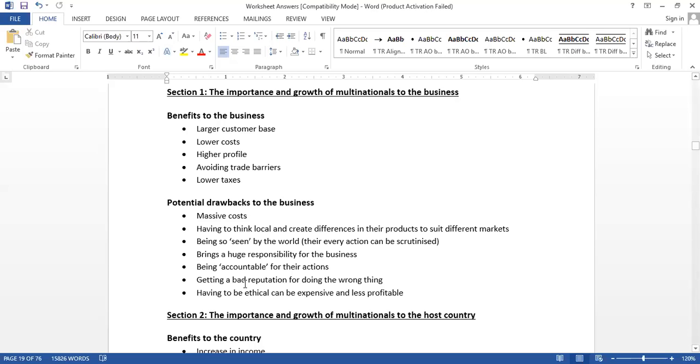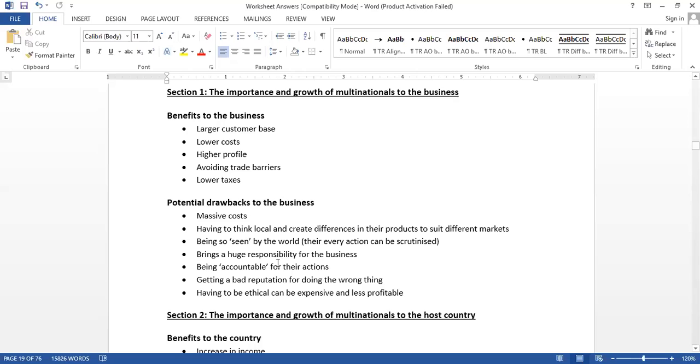And moreover, you can see being seen by the world. There's another drawback, because their actions can be scrutinized. As a result, because all of the actions can be scrutinized, if something happens, for example, other companies can sue against them.